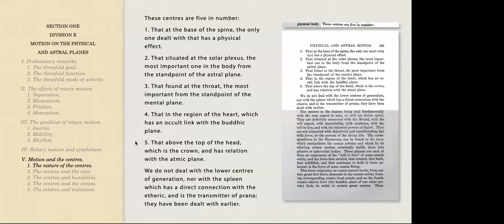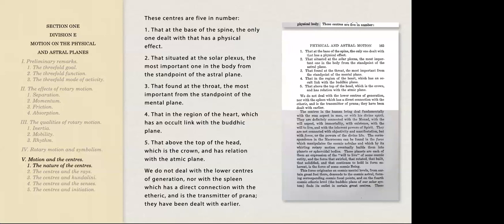These centers are 5 in number. 1. That at the base of the spine, the only one dealt with that has a physical effect. 2. That situated at the solar plexus, the most important one in the body from the standpoint of the astral plane. 3. That found at the throat, the most important from the standpoint of the mental plane. 4.